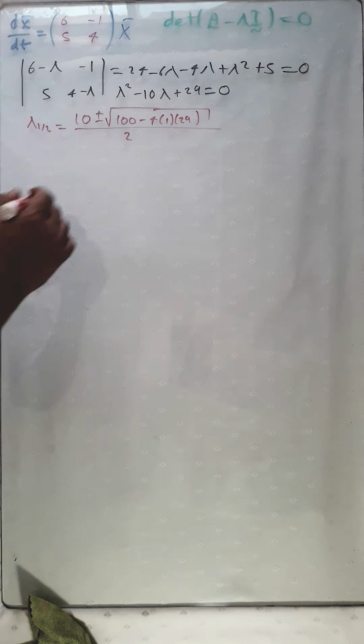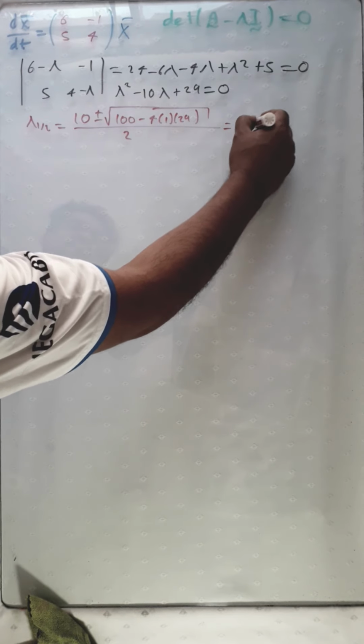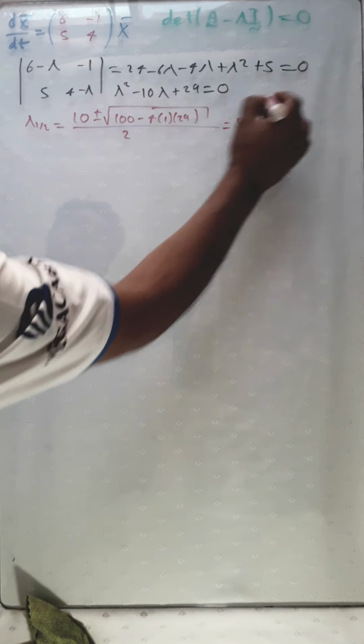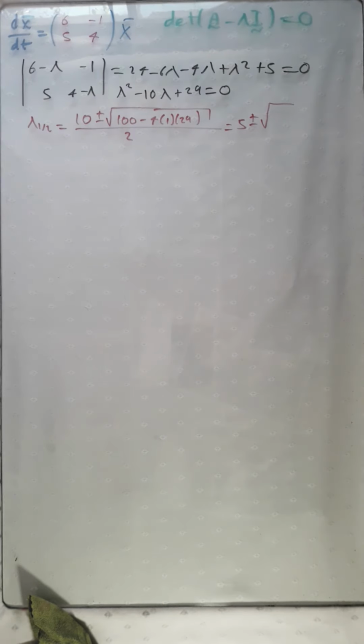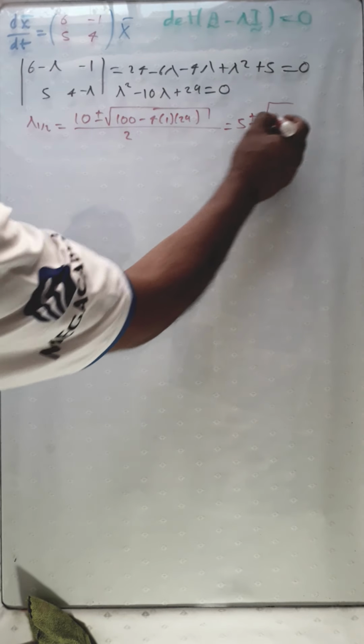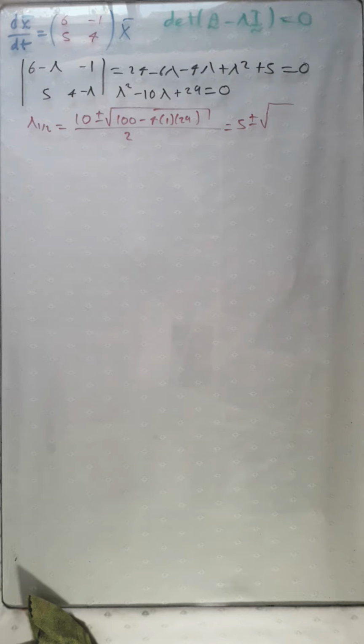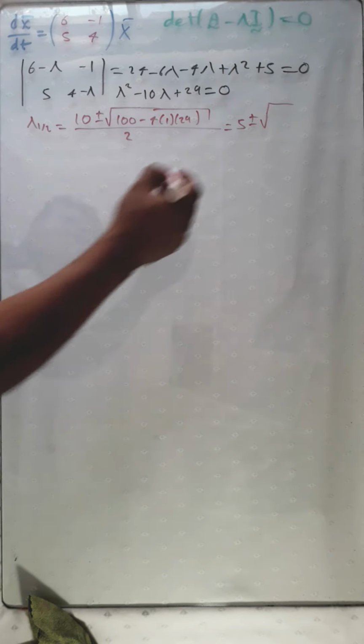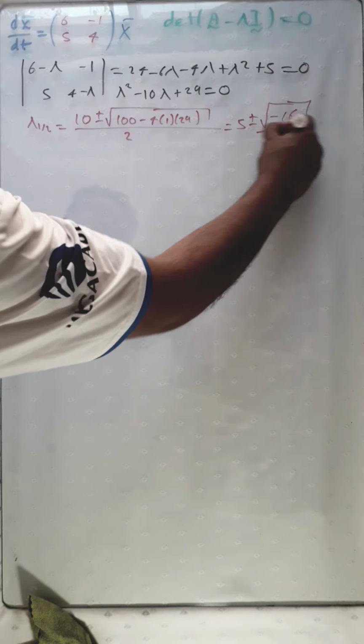So the result of this is going to be 5, plus minus the square root of, if we use the calculator, minus 16, over 2.